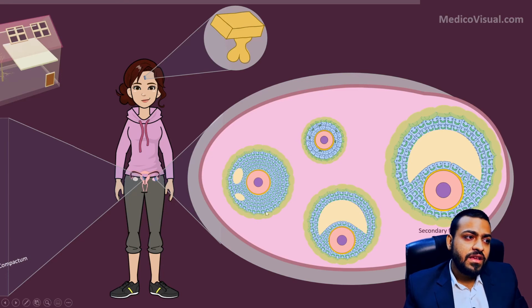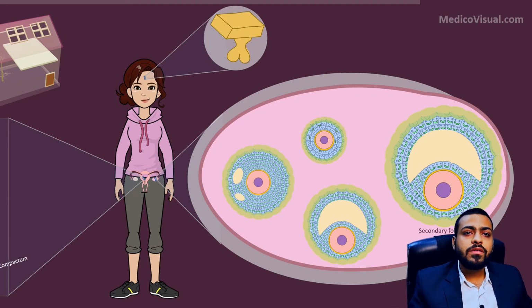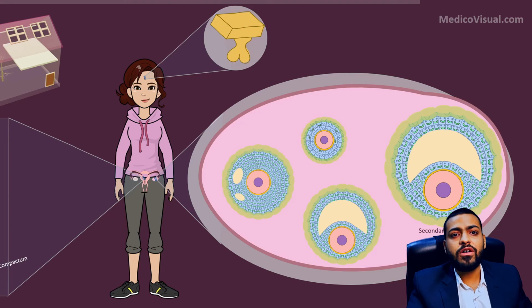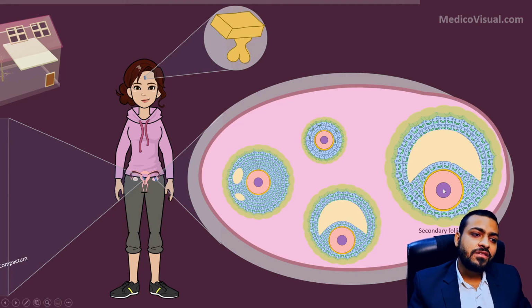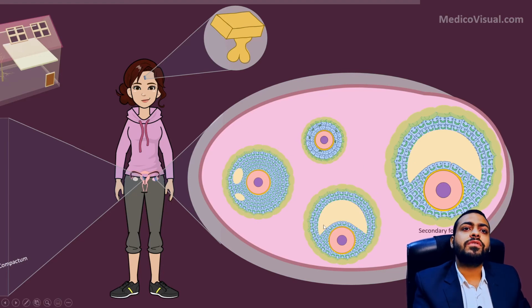Similar to that, not every follicle can grow at a much faster pace, and only one follicle will dominate all others, as you have some topper in your class who dominates all other students. So this single follicle has outgrown all other follicles. It is called the dominant follicle, and all other follicles are non-dominant follicles.